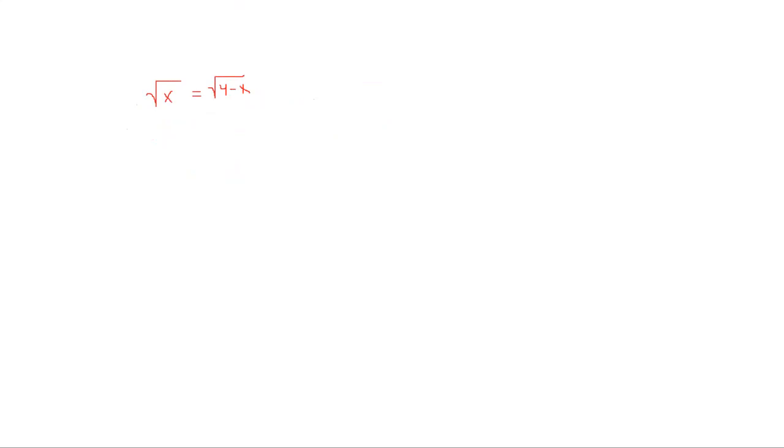All I have to do here is take the square root on both sides. Well, if I square the left side, I have to square the right side. That will leave me the square root of x squared, which is x. And on the right side, I have the square root of 4 minus x, all raised to the power of 2, and that leaves me 4 minus x.